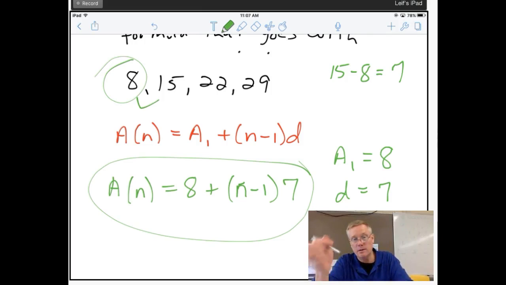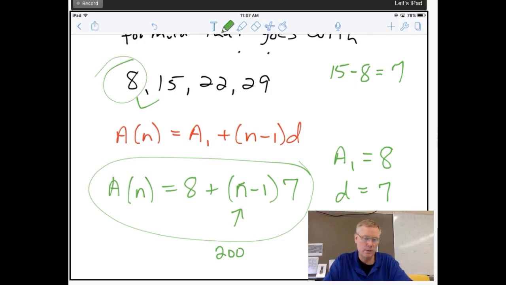And once you got the equation, the explicit formula, you can find out anything. If I ask you for, what's the 200th number in the sequence, instead of adding 7 over and over again 200 times, I could take 200 and plug it in for n and solve it and figure out what the 200th number is.